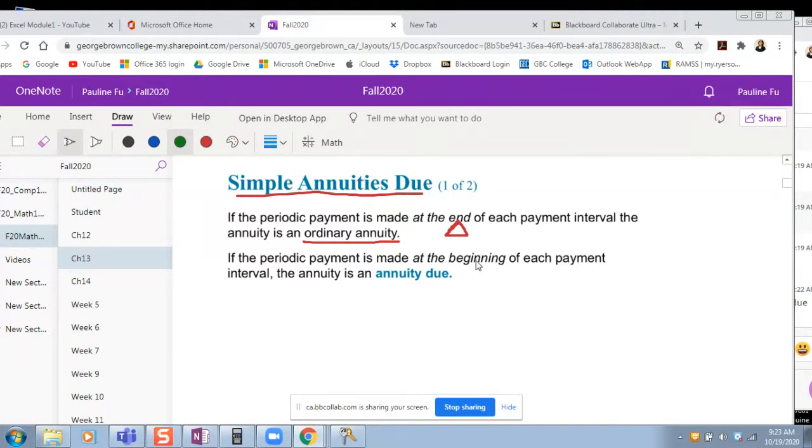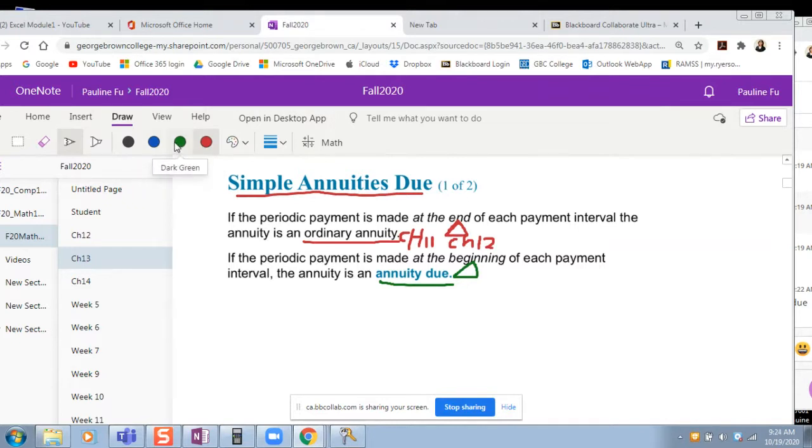If payment is made at the beginning, that is annuity due. It is all ordinary because payment is at the end.